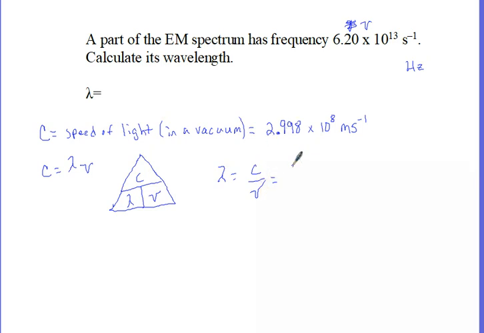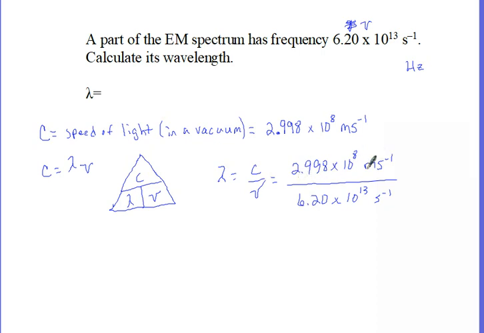So in this problem, you take your numbers now. You've got 2.998 times 10 to the 8th meters per second, and you're going to divide that by 6.20 times 10 to the 13th hertz, or per second, if you want to write it that way.